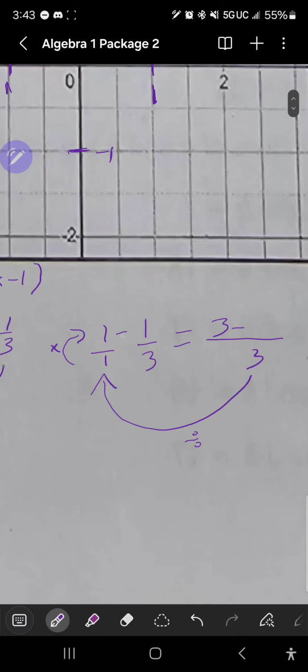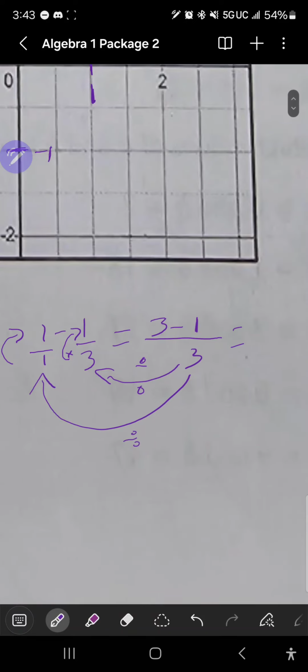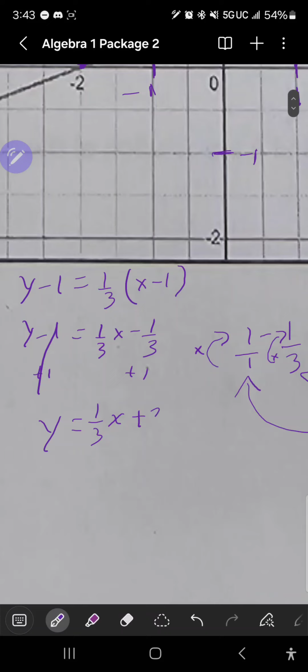Also minus, we want to keep the sign. 3 divided by 3 is 1. 1 multiplied by 1 is 1. So it's going to be 1. Now 3 minus 1 is 2. And we keep the denominator. So we know that our b is going to be positive 2 over 3.